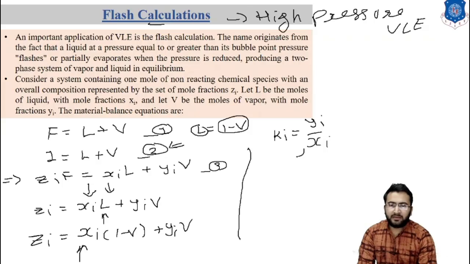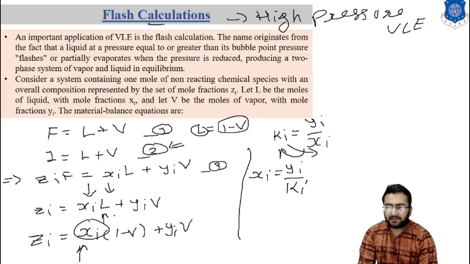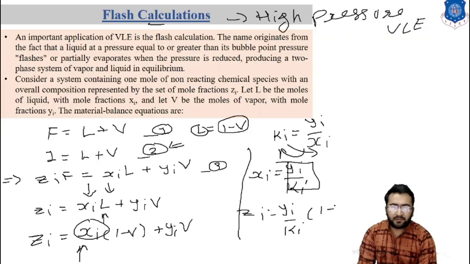So taking this Xi to this side and Yi to the other side, the equation becomes Xi is equal to Yi upon Ki. So replacing this Xi with Yi upon Ki, we will get Zi is equal to Yi upon Ki into 1 minus V plus Yi into V.